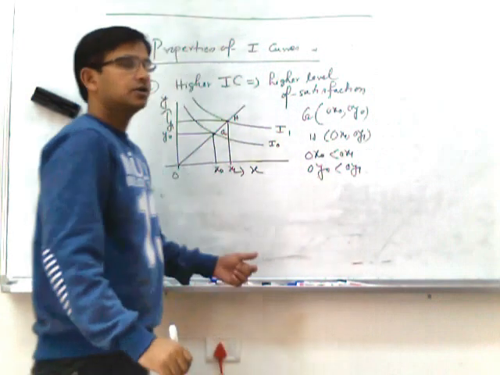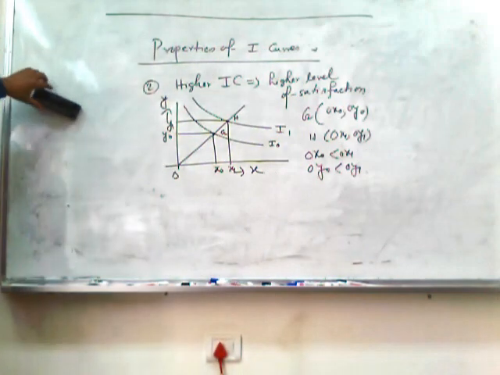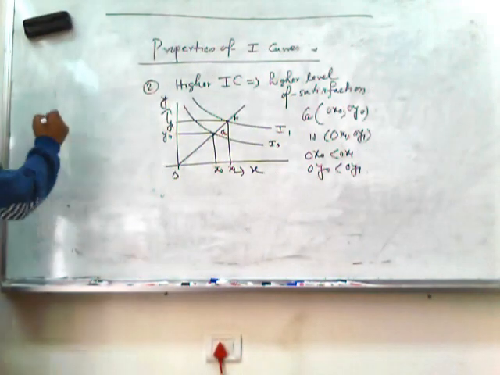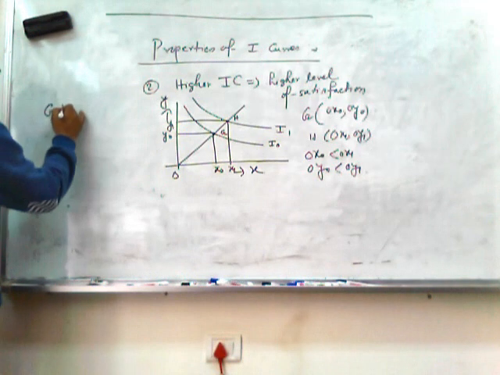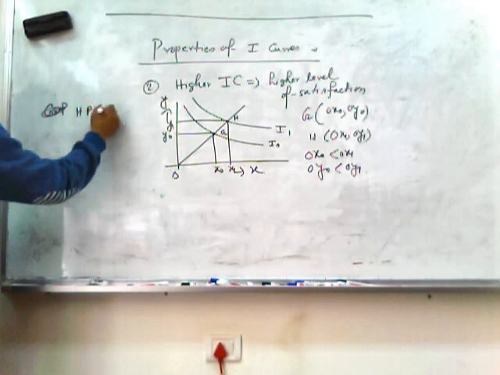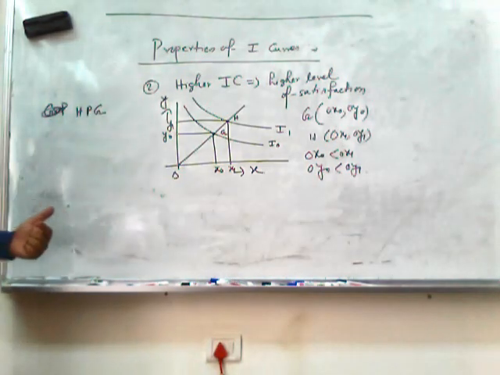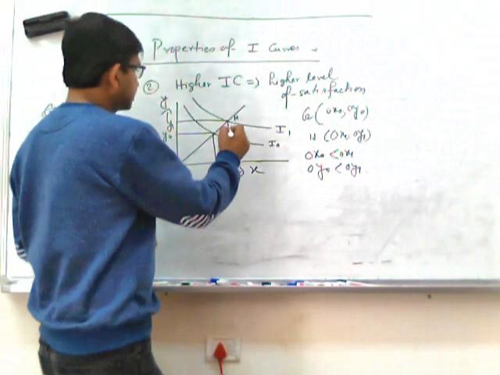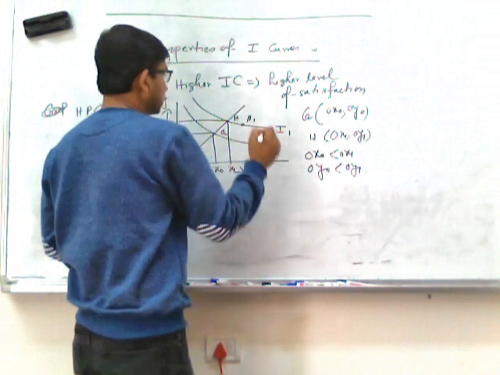So by the axiom of non-satiety, we can say H is preferred to G. Now we can take another point, H1.